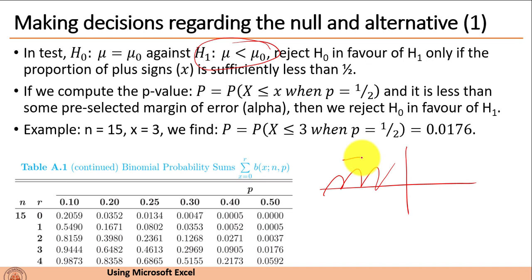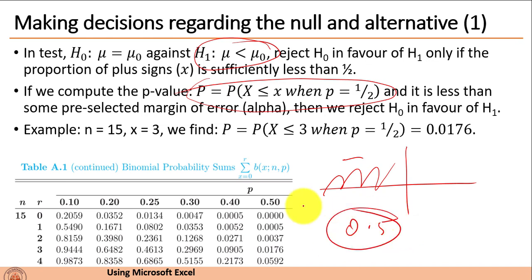Now, if we compute the p-value using the binomial distribution and it is less than some pre-selected margin, say 0.05, then we reject H0 in favor of H1.